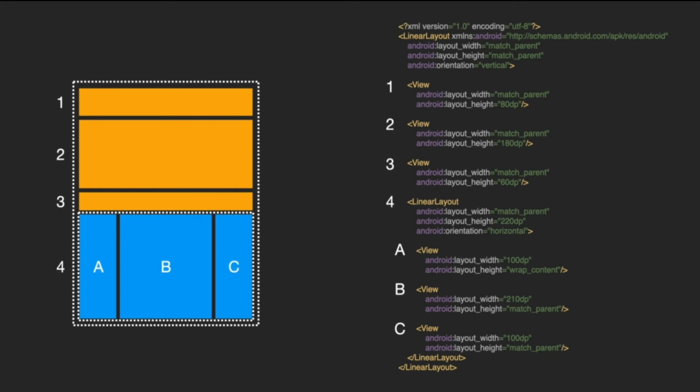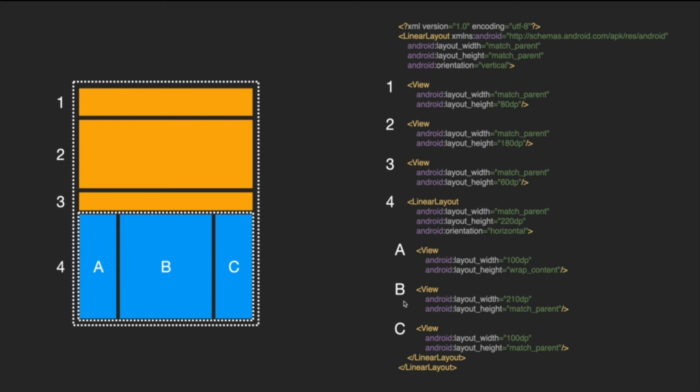So to see this better, the first child of the outmost linear layout is this view, and 2 is here, 3 is here. Now the important part, the fourth child of the outmost linear layout is another linear layout. So the fourth child is this one, see?